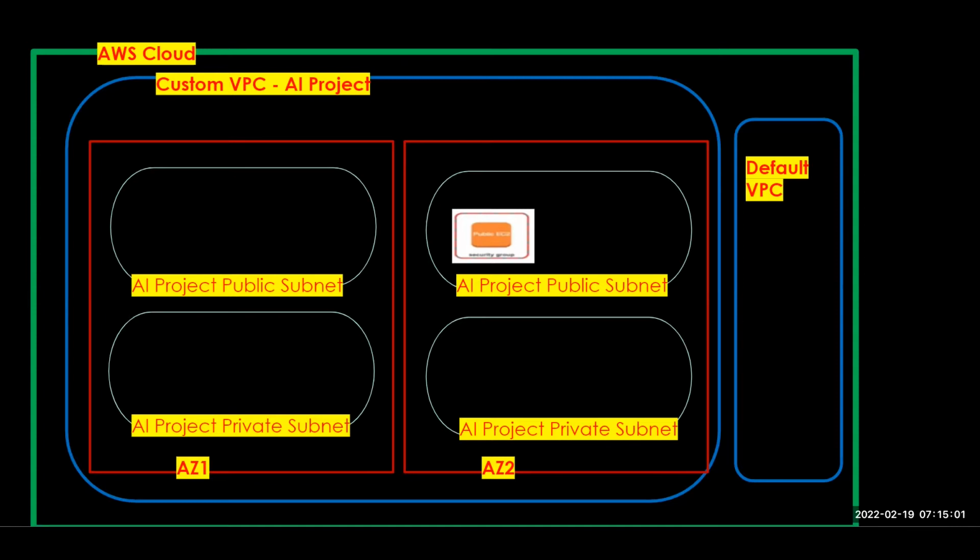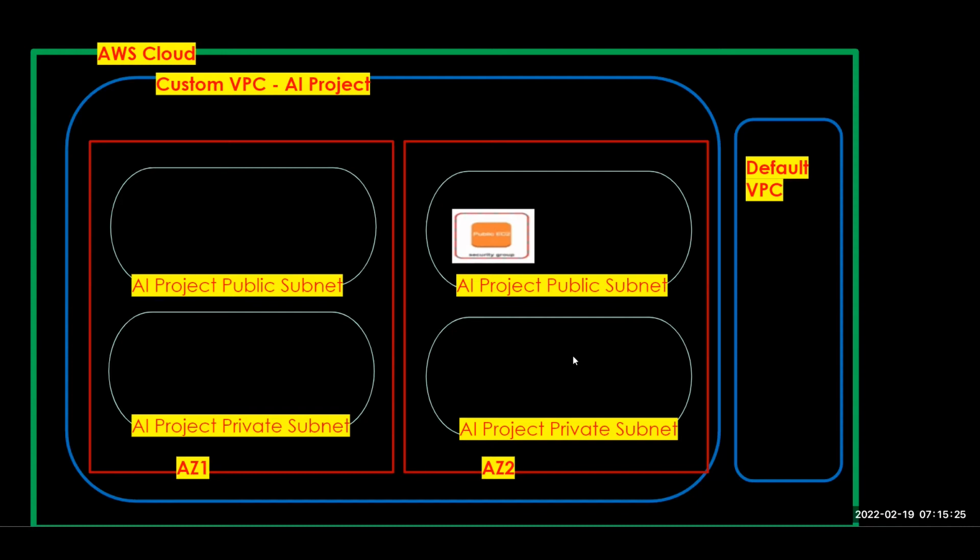I will not launch the database in the public subnet. If I launch the database in the public subnet, it is like public information, so anyone over the internet might be able to access my database. Instead, I will place my database inside a private subnet.